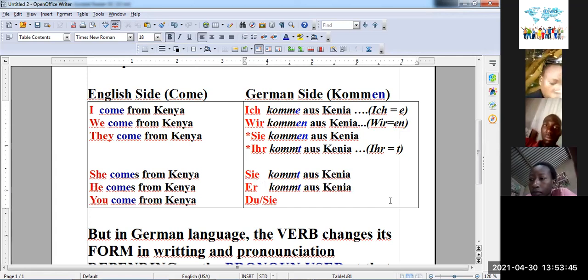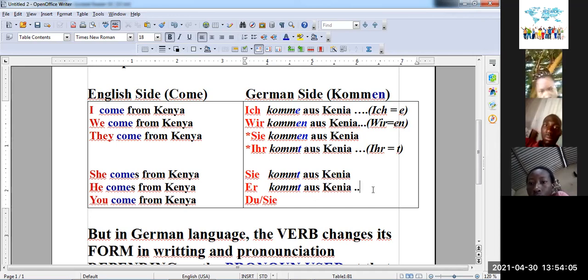So this means that both sie for she and er for he, they have got the same formula. Okay? And that formula is this one here.